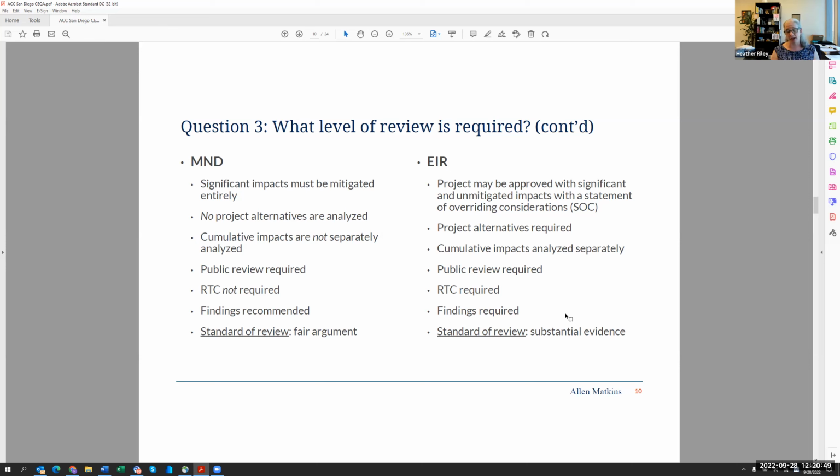The second, and I think frankly more important difference between an MND and an EIR is the standard of review. If you end up in litigation, if you end up in front of a judge, that's usually my job. I do the oversight of the CEQA documents and then I litigate them as well. I would much rather be defending an EIR because the standard of review is substantial evidence. That means the courts are directed to defer to the public agency.